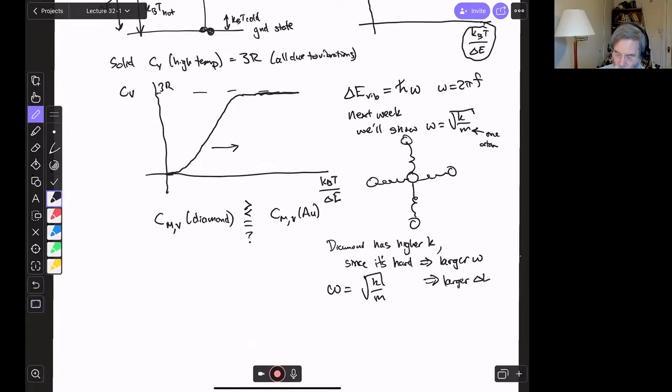which means it will have a lower heat capacity because a larger delta E. Yeah.